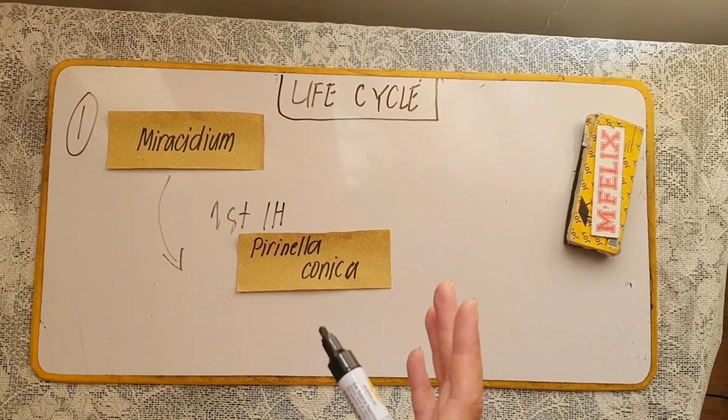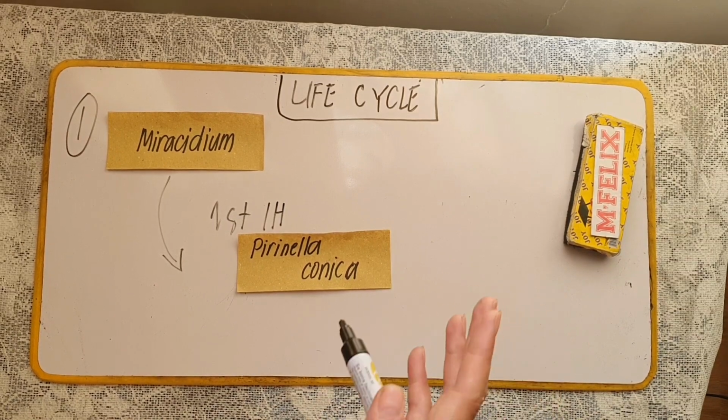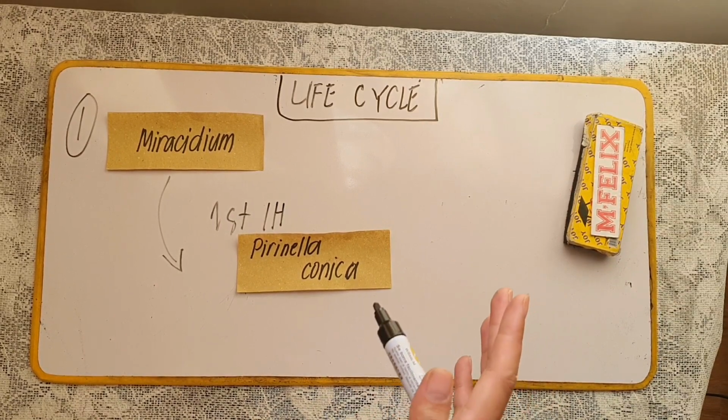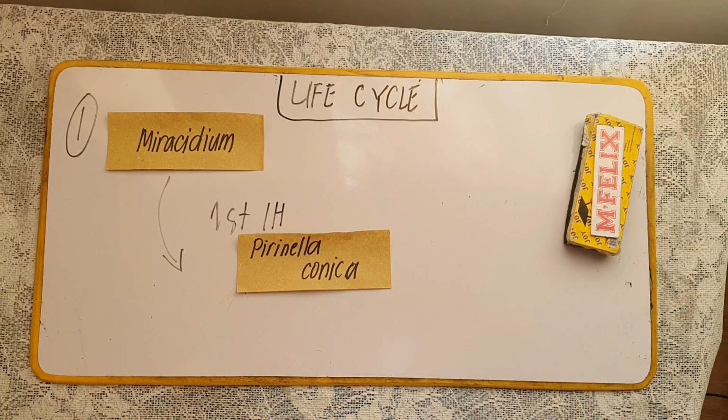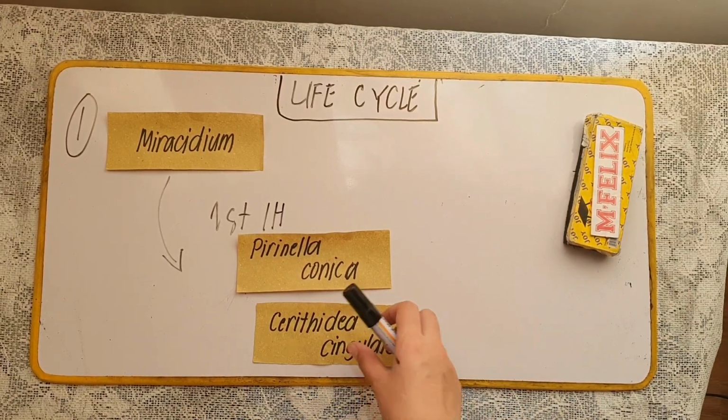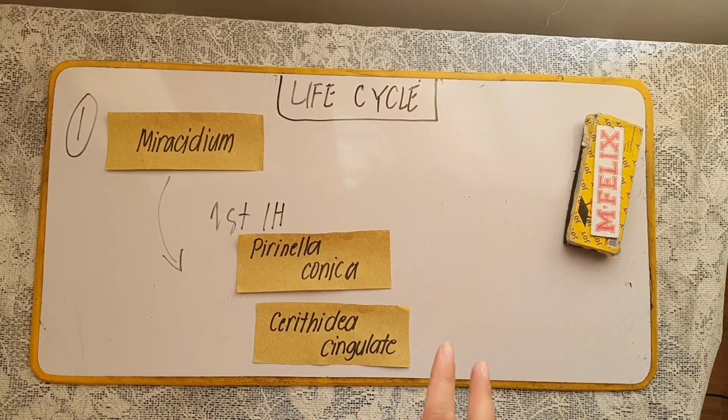This genus of snail is more common sa Egypt. And then we also have your Cerithidea cingulata. Now, this species of snail naman, mas common yan sa Japan.